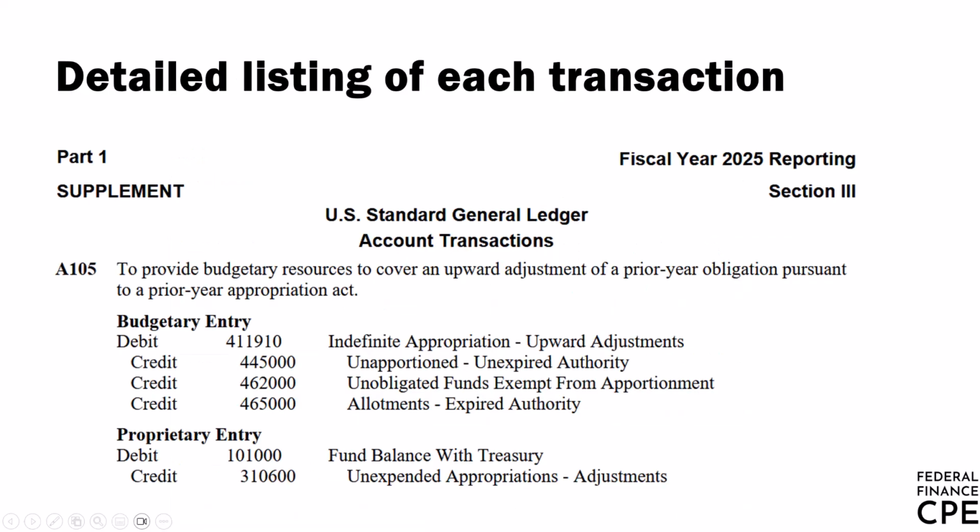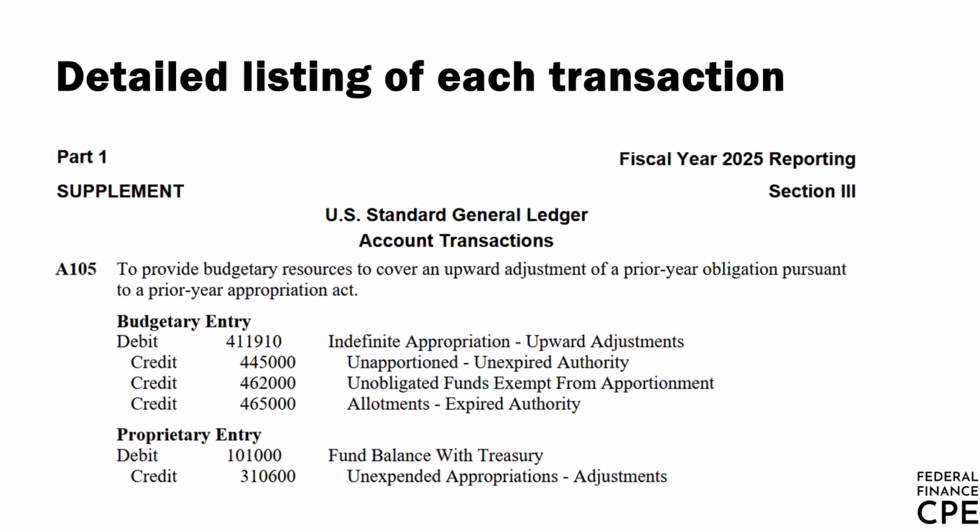All right. And then the last section of this is a detailed listing of each transaction, and it's called account transactions, and it goes very specific. It'll list the exact transaction code, give you that description, and then lay out the budgetary and proprietary entries for each transaction.